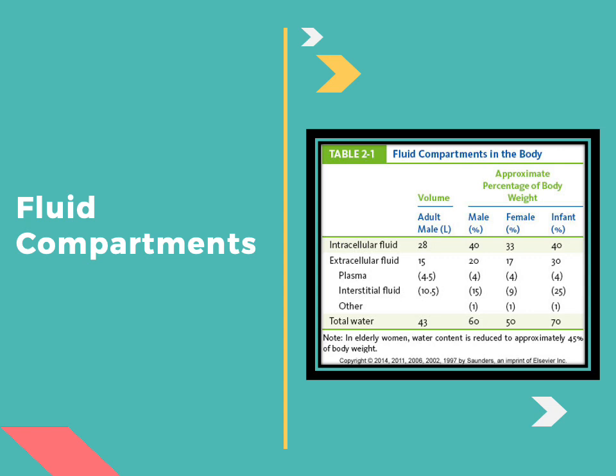You have the intracellular compartment, which is the fluid that resides inside of a cell, and then you have the extracellular compartment, which is all the other fluids on the outside of the cells, and this consists of different types of fluids. You have intravascular fluids, interstitial fluids, cerebrospinal fluids, transcellular fluids, and even other various secretions that make up fluid on the outside of the cell.